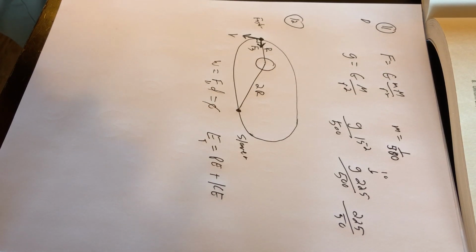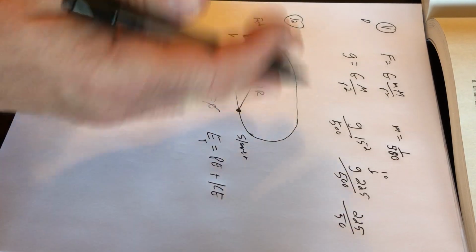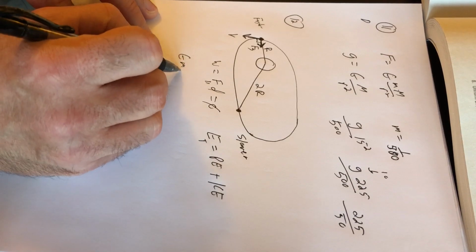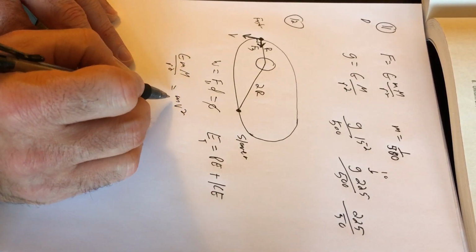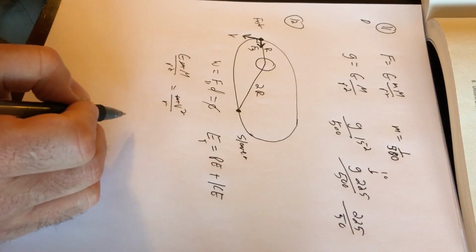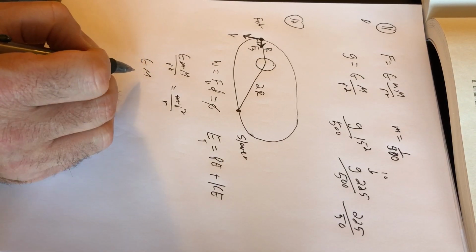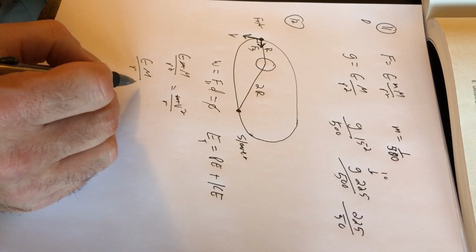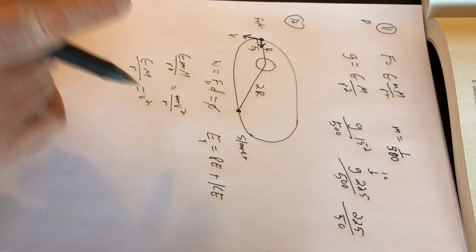So without actually doing Kepler's law, like all this stuff here, I guess we should already know that G m over r squared, I'm going to set that equal to m v squared over r. So one of the m's goes away, and one of the r's goes away. So G m over r is equal to v squared, if you're still with me here.